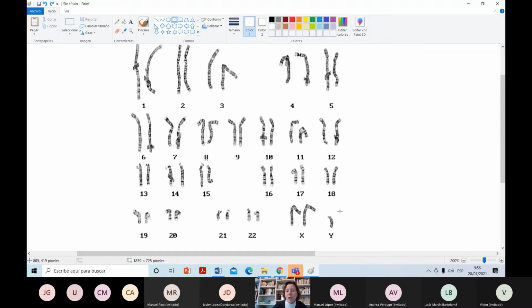If there was a normal boy, this would be the karyogram, only 1 X and 1 Y. But the karyogram that I have found here is one that doesn't contain 46 chromosomes. If you count them, they are all of them 2 by 2, so that means 44. Then we've got 45, 46, and 47 chromosomes.